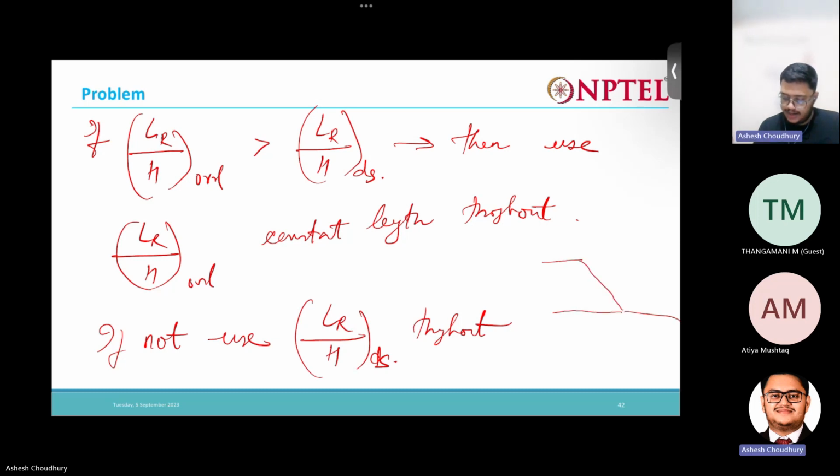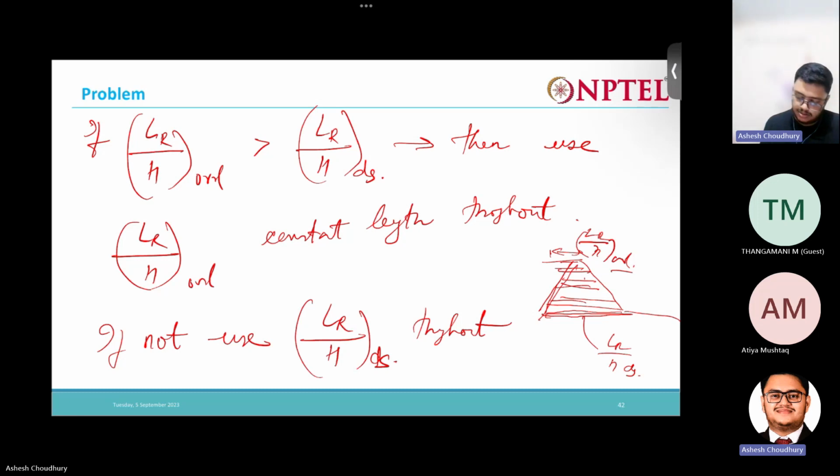We can provide LR by H ds at the bottom and then taper it out and reach LR by H overall at the top. In tapered fashion, we can keep on reducing the length of the layer. That we can do if LR by H overall is less than LR by H ds.